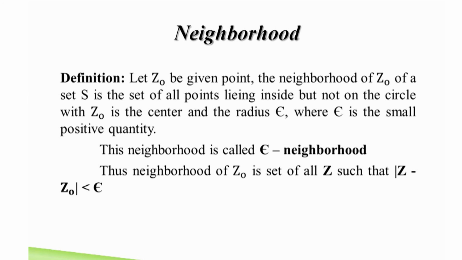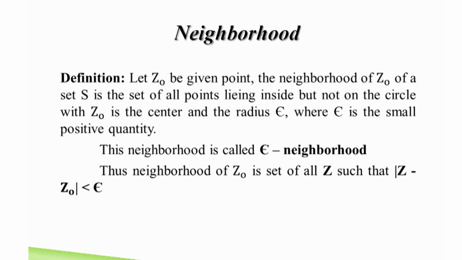Here we will denote the set as S. By the neighborhood of a point z0, we mean the set of all points lying inside the circle having z0 as center and radius epsilon.